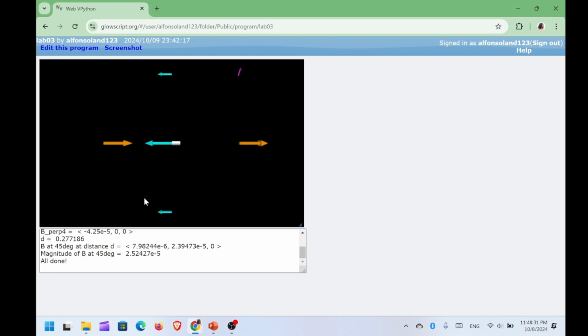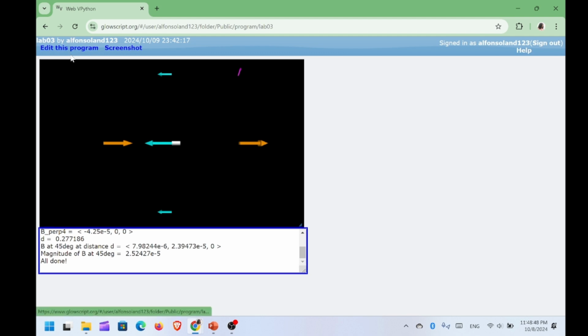When you run the program, because we were given sample code, you get this mess of forces, but we get our d_perp is equal to 0.277, and then we also get the vectors for B, and then we get the magnitude for B also.